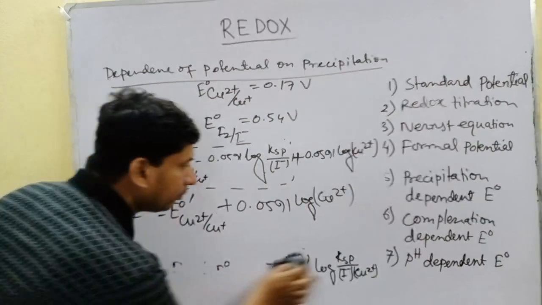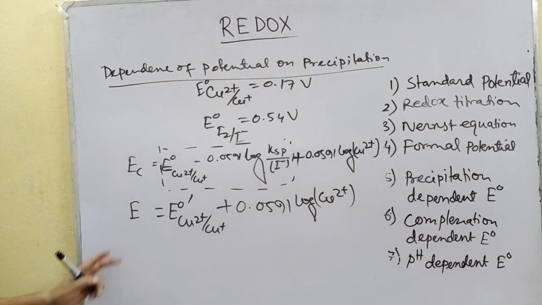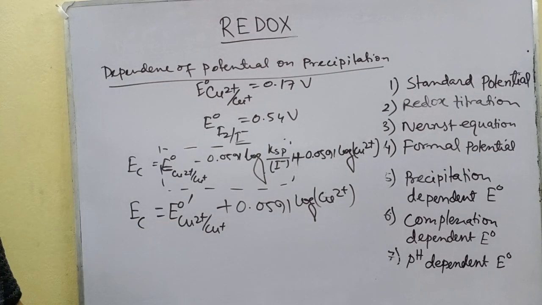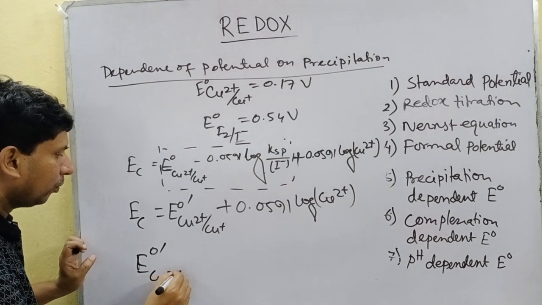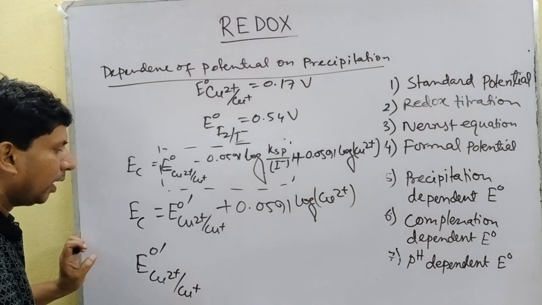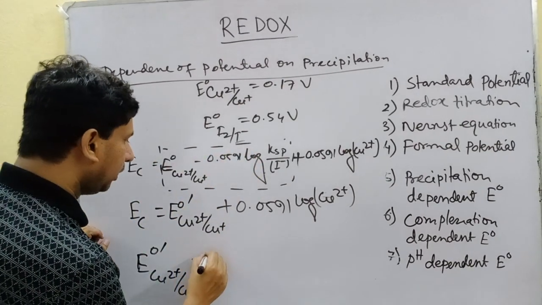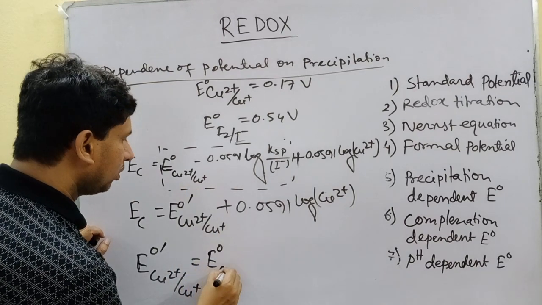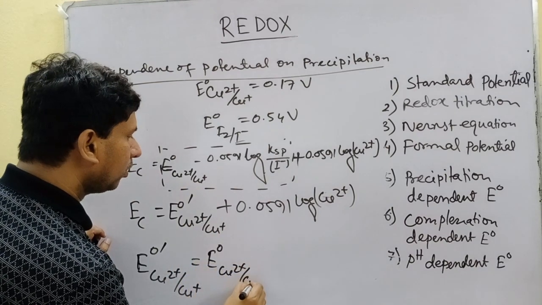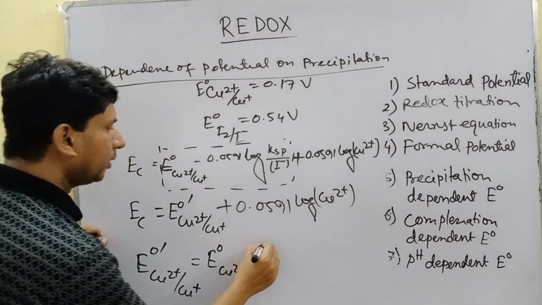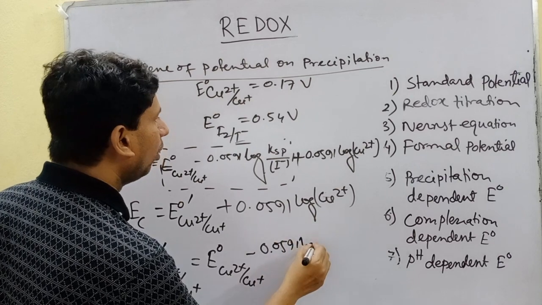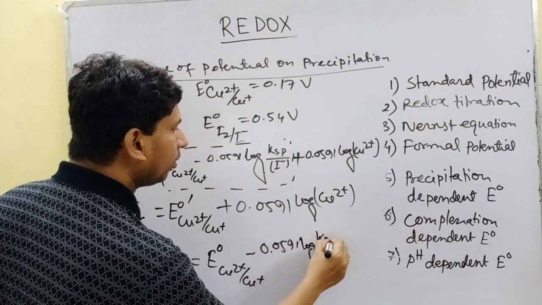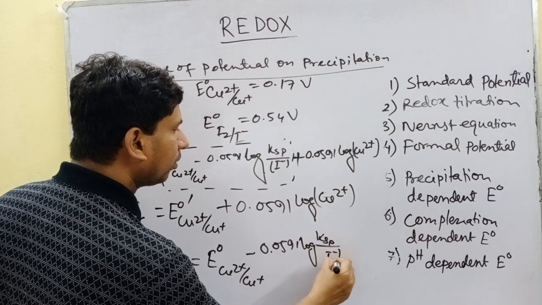Now if we want to calculate E0 dash Cu2+/Cu+, it is E0 of Cu2+/Cu+ minus 0.0591 log KSP by iodide concentration.